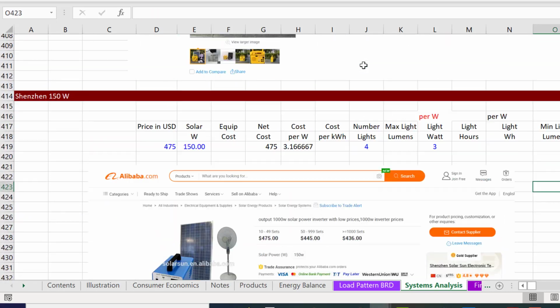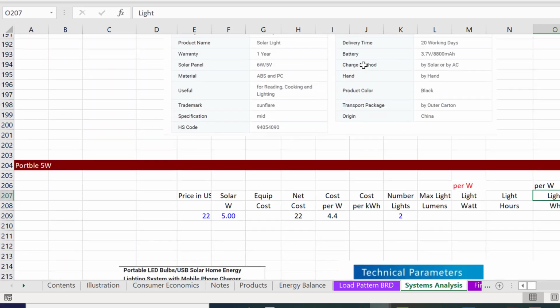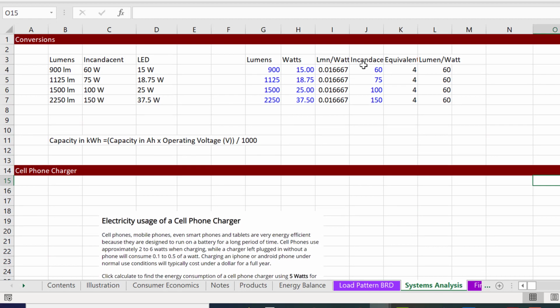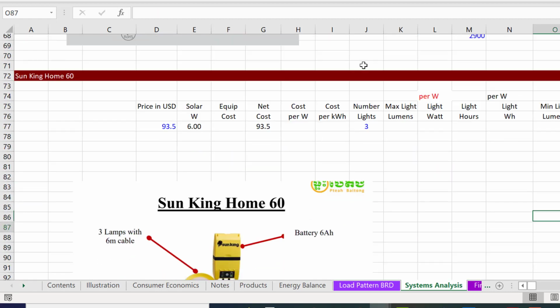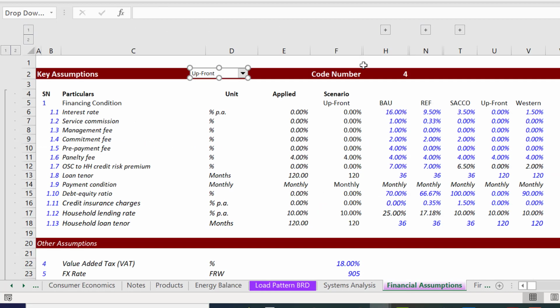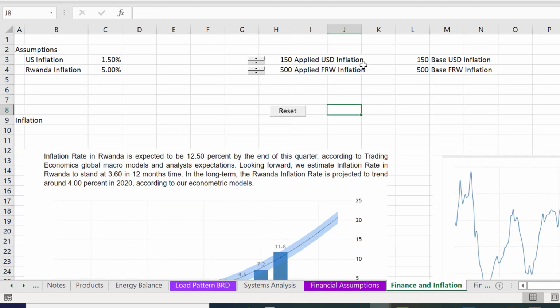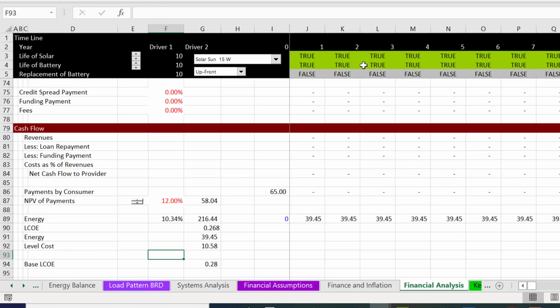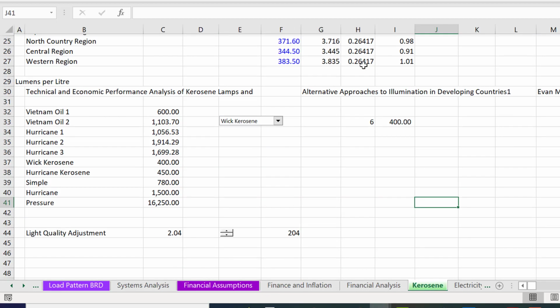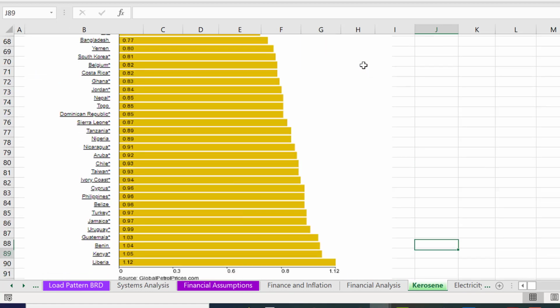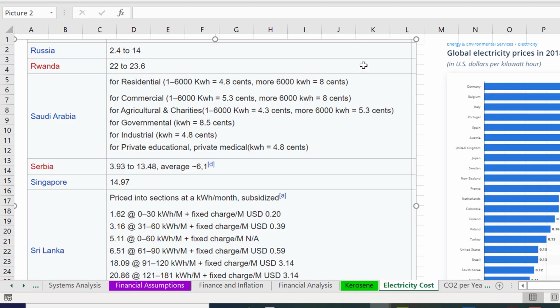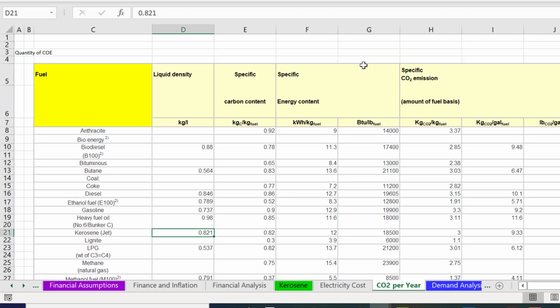Okay, and then you can get all your data together, get all your financing data together, get some inflation data. Here's doing your financial analysis. Go through all the kerosene data, including how much they use. Go through the electricity costs.